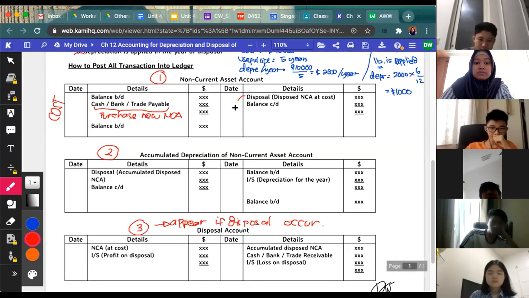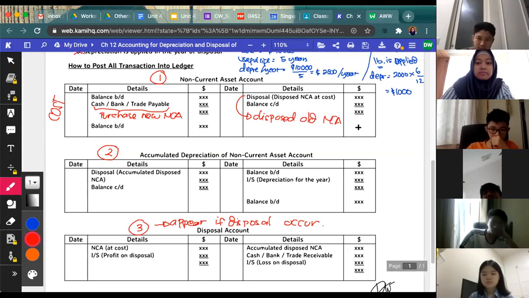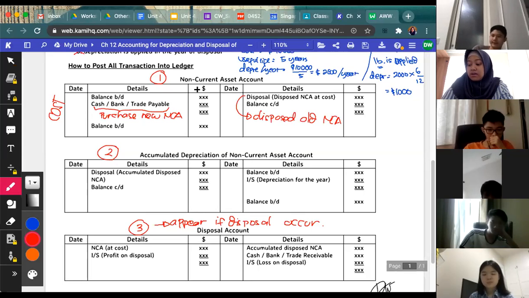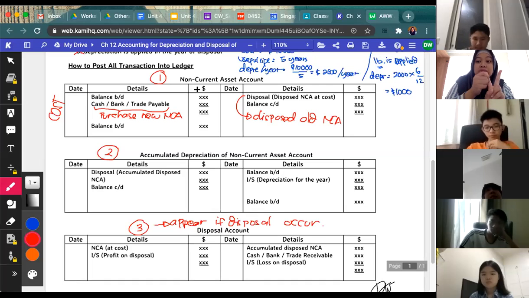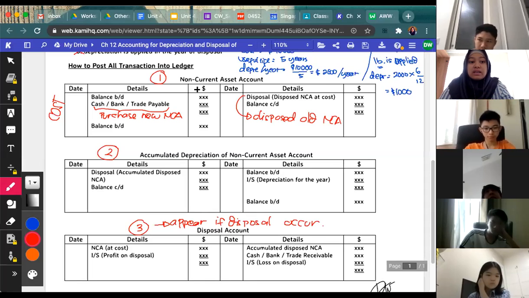Okay, now disposal is representing disposed old NCA. So the non-current assets T account will always be affected if these two transactions happen. Either you are purchasing new NCA or you are selling old NCA. Only that. And all of them will be recorded at cost.